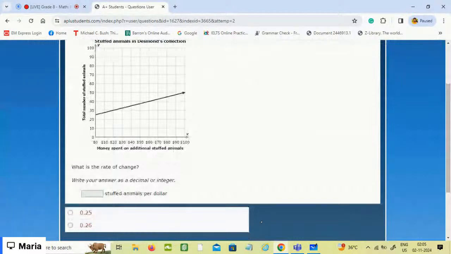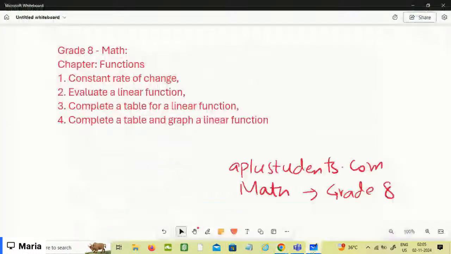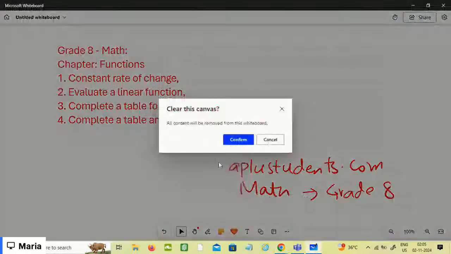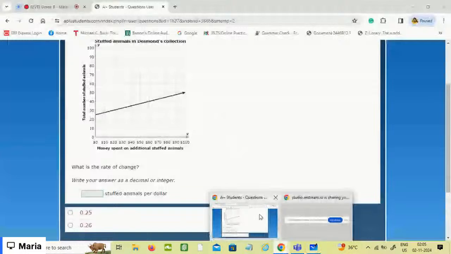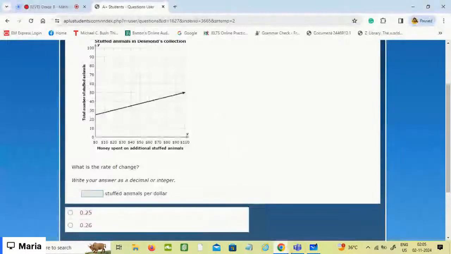The coordinates are 20 and 30. Let me just write down the coordinates on the board. The first one is 20 and 30. Let's just see another point on the graph. The other point on the graph is 60 and 40.